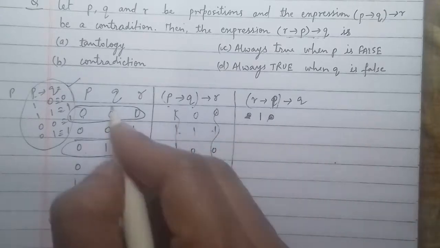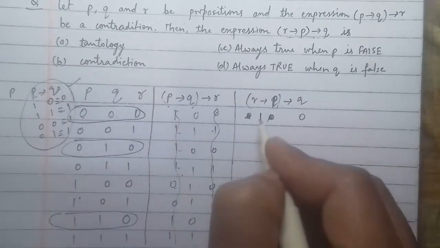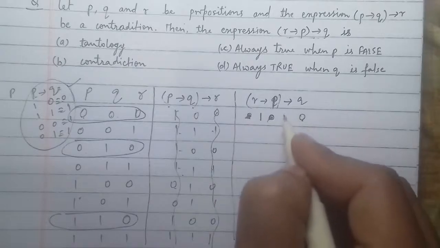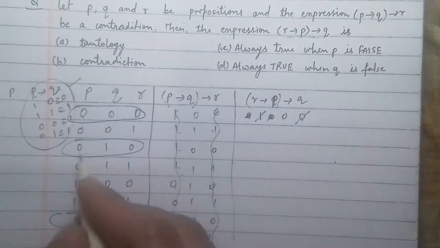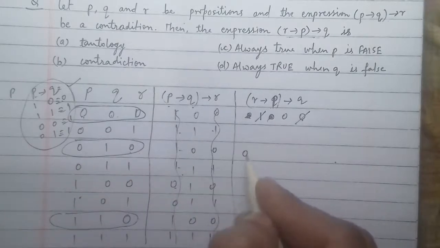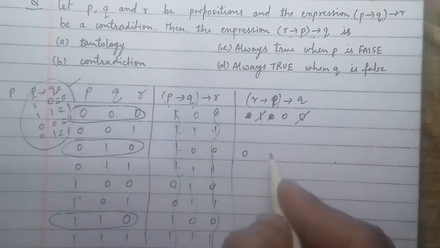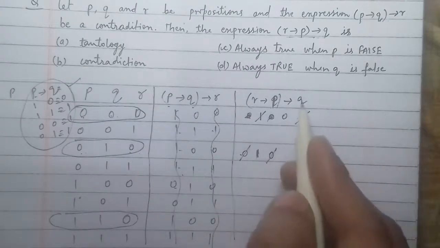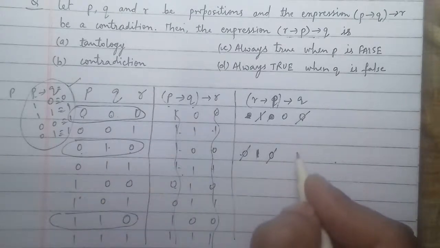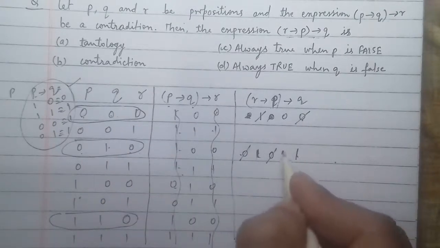The value of Q is 0, 1 implies 0 is 0. Again here the value of R is 0, the value of P is again 0, 0 implies 0 is 1. Remove this. The value of Q in this is 1, 1 implies 1 is 1.